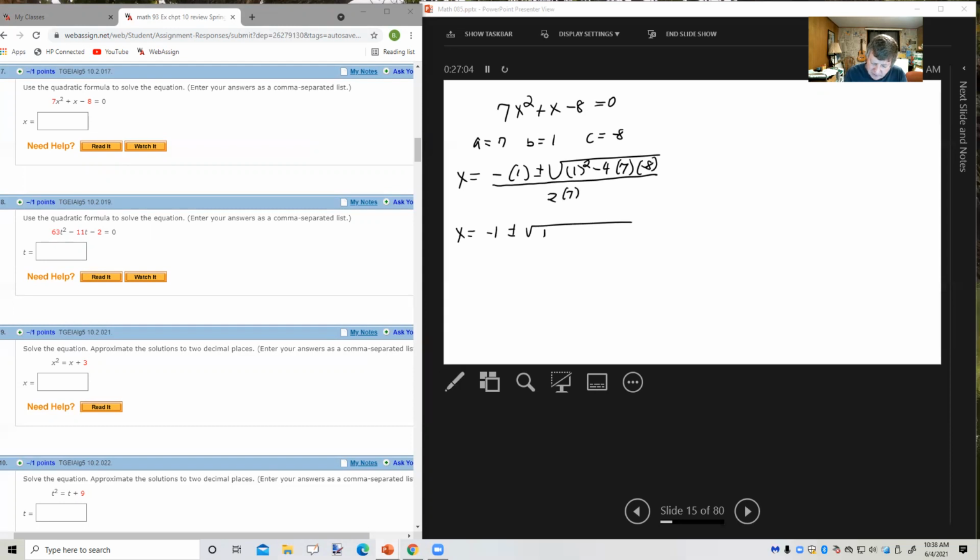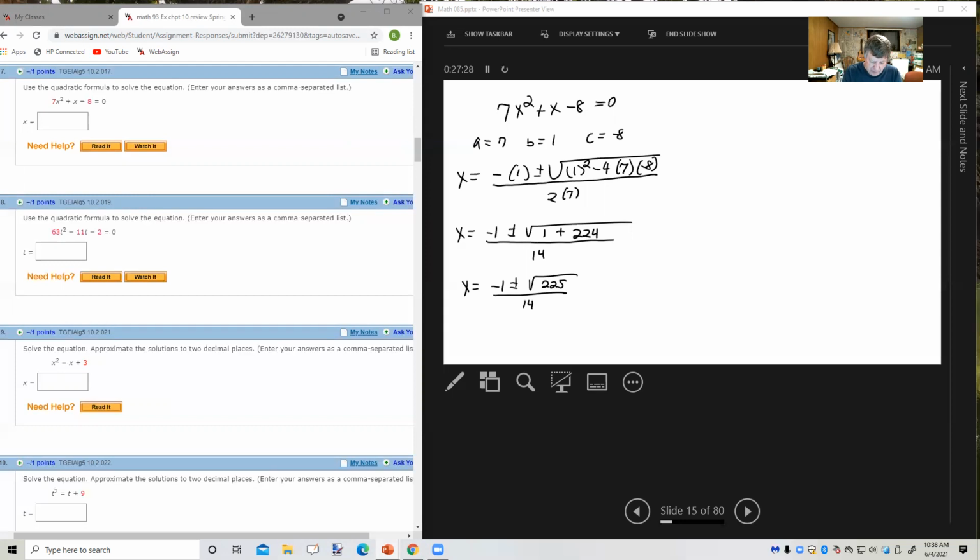Negative 4 times 7 is negative 28 times negative 8 is going to be a plus. Let's see, what did I say? 4 times 7 is 28 times 8 is 224, all over 14. So x equals negative 1 plus or minus the square root of 225 over 14.